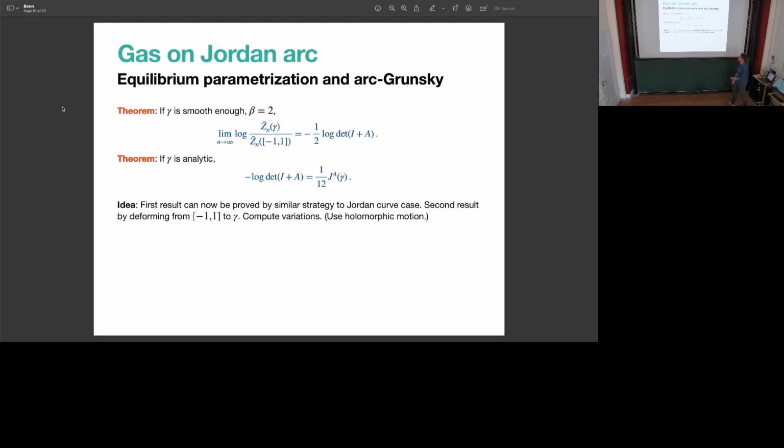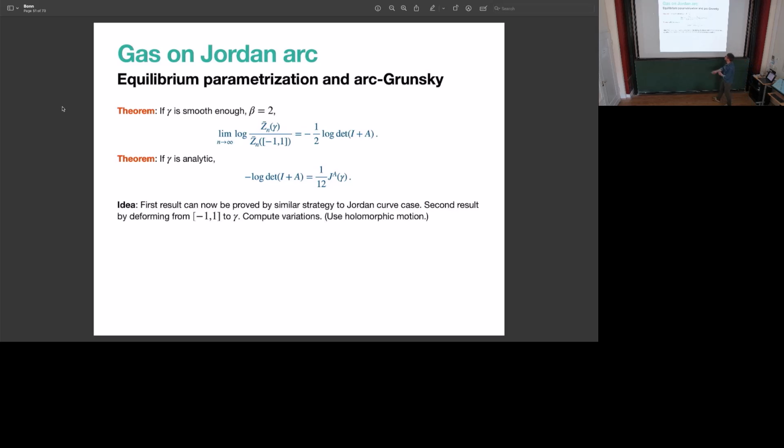It still requires a lot of work, but still somewhat similar, that you really map your gas back to the line segment, and then treat it as a sort of perturbation of pure gas on the line segment. And there you can go to the circle because you have a symmetry.